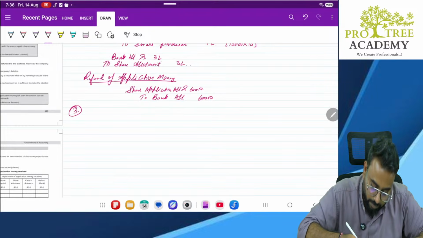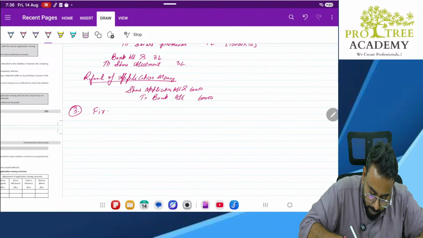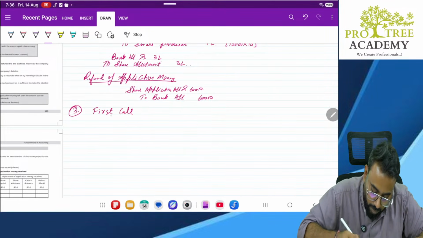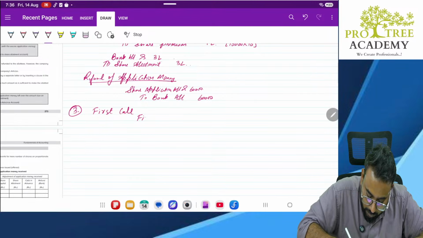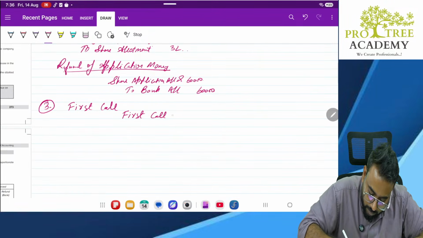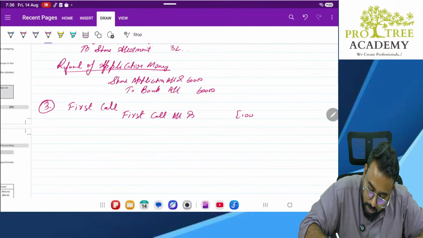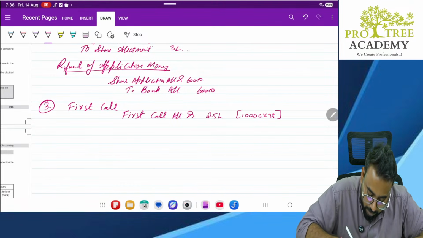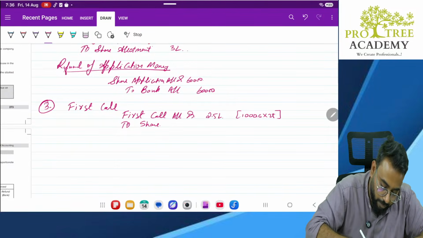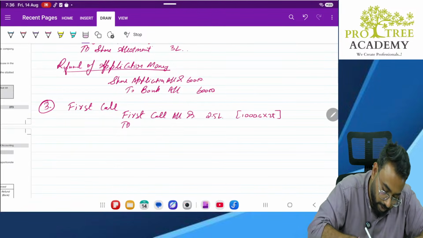Third one. First call. What is the entry? First call account debit. How much is the amount? 25, so 10,000 into 25. That will be 2.5 lakh. To share, sorry, use the word preference share capital. My mistake, please.